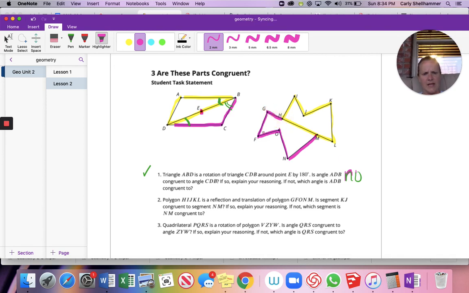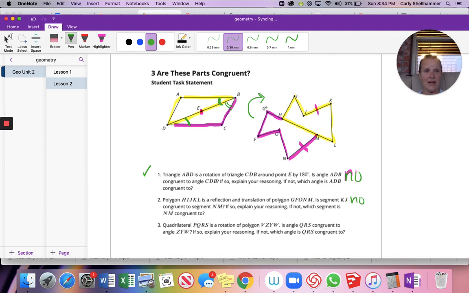So it looks like, is segment KJ, which is this one, congruent to segment NM? This one. No. If so, explain your reasoning. Well, I reflected this and then I translated it.